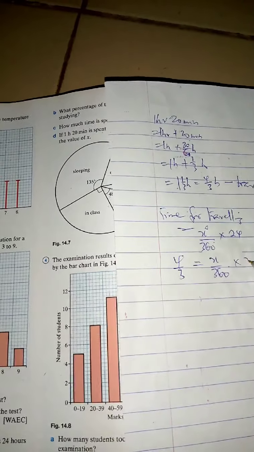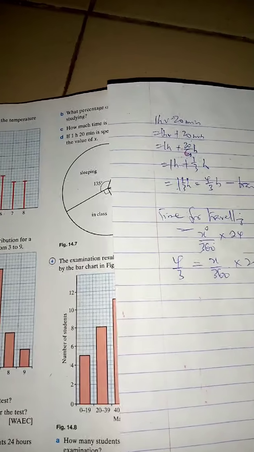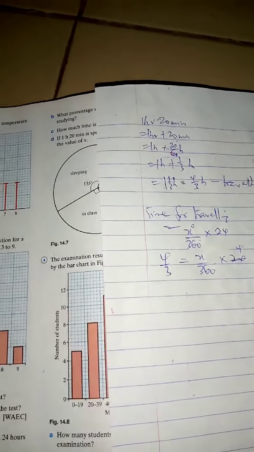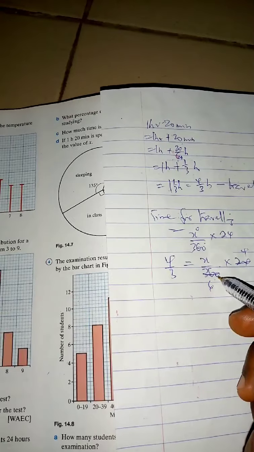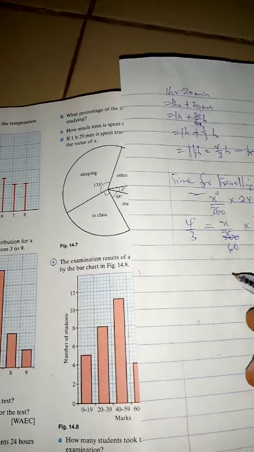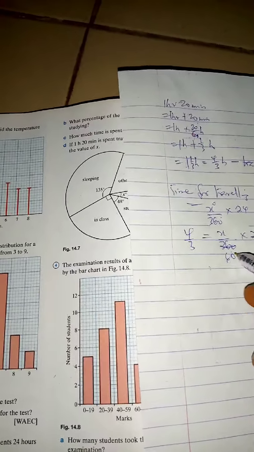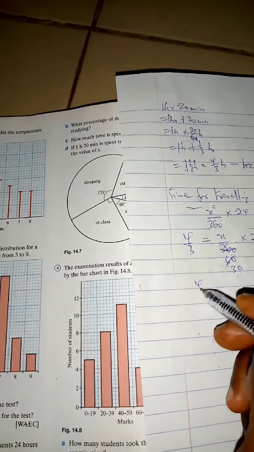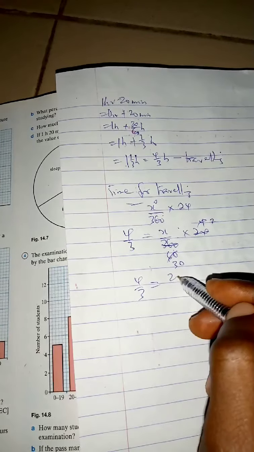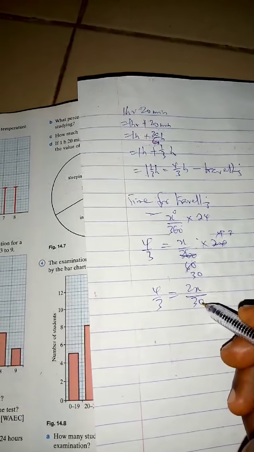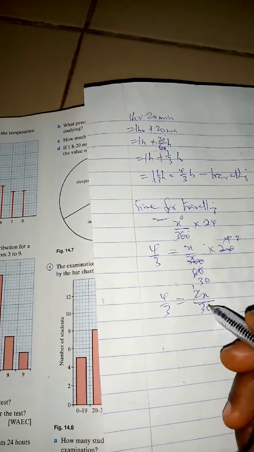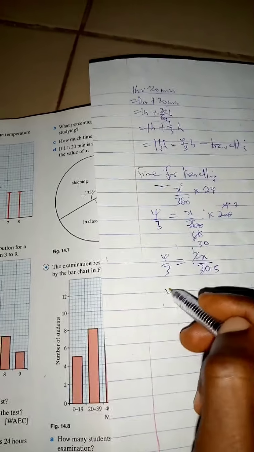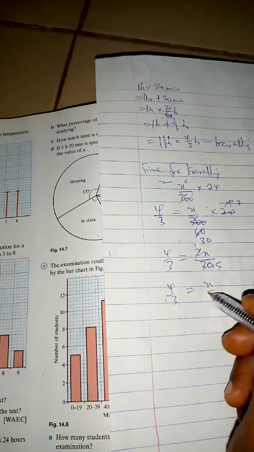Then equate it to what you got here. 6 here 4, 6 here, 6 in 36 is 6, in 30 is 5. So 4 over 3 is 2 times x, which gives 2x over 30. I can still divide by 2, so that I will have 4 over 3 to be x over 15.